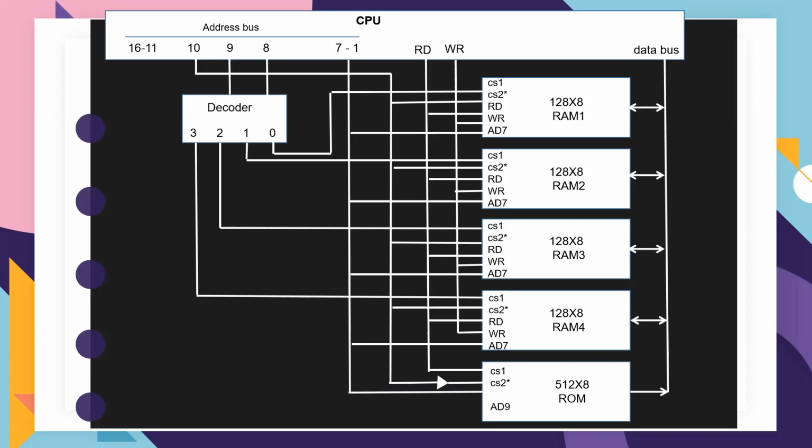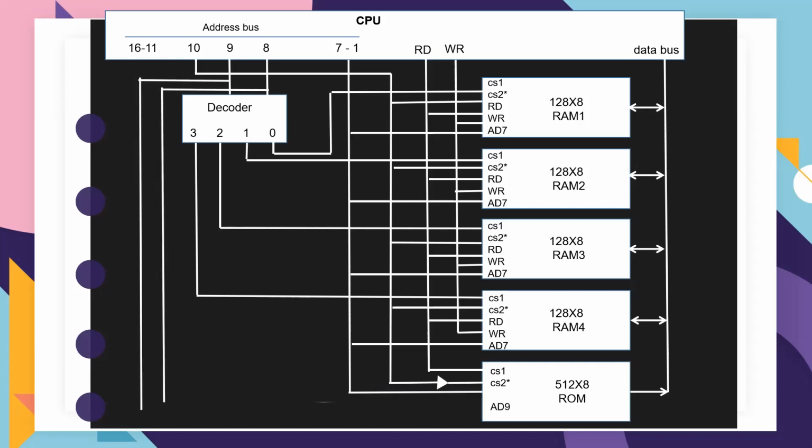So the two address lines 8 and 9 are taken from the address bus and applied to the address inputs of the ROM without going through the decoder. These two lines are connected to the ROM chip address lines. Now the overall address lines of the ROM chip become AD0 to AD9. That means 1 to 7 are connected separately and 8 and 9 are connected separately.